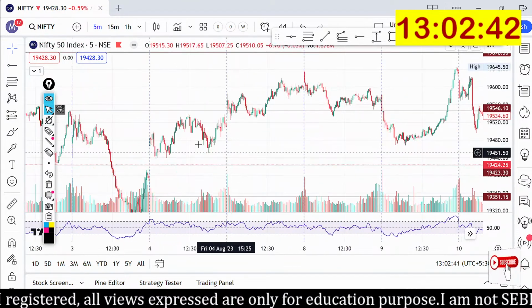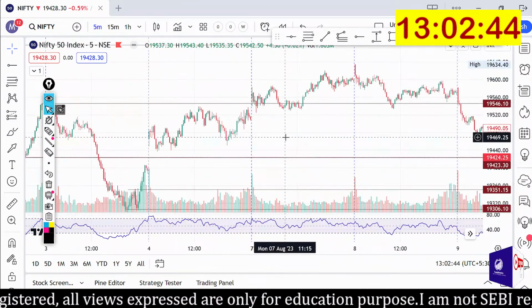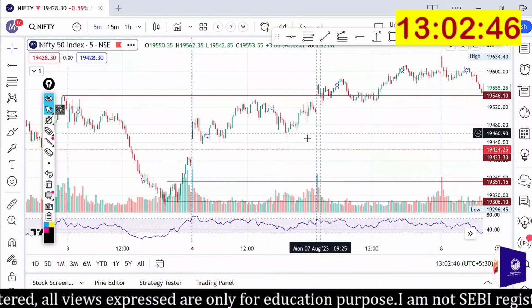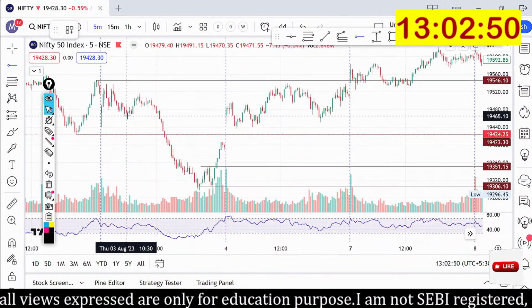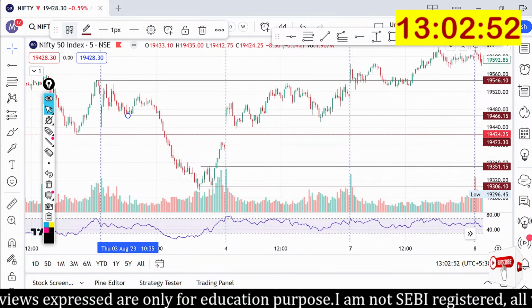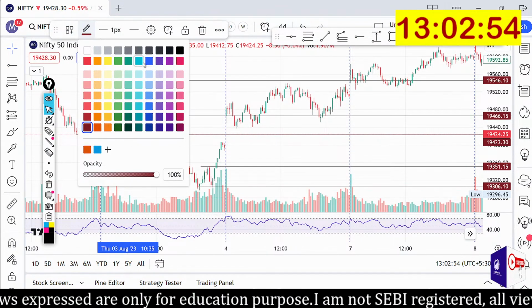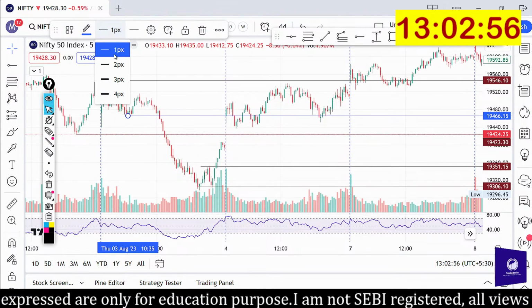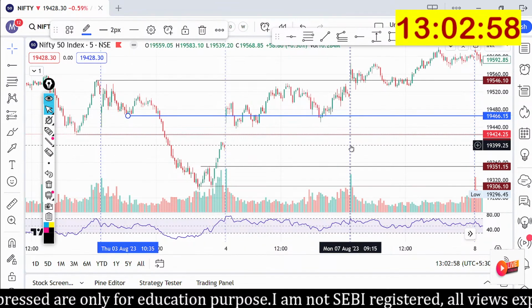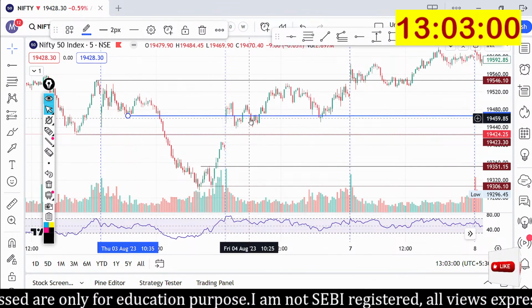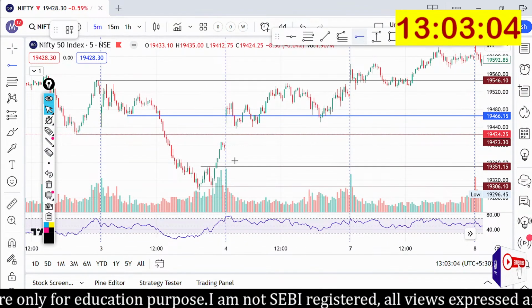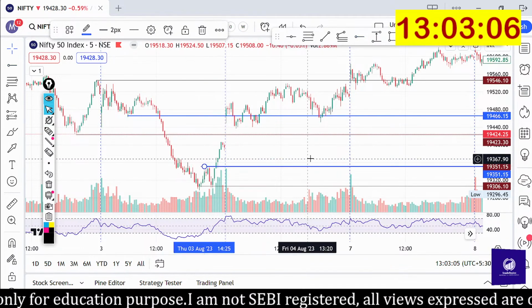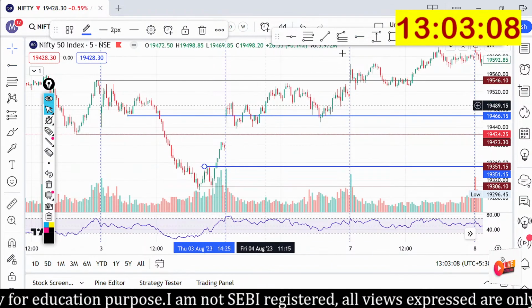Second thing is, on the smaller swing levels, what is happening? Now we have one swing here, right? Then we had one more swing here, okay?